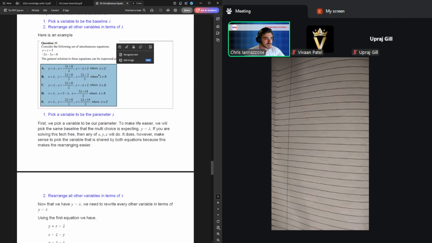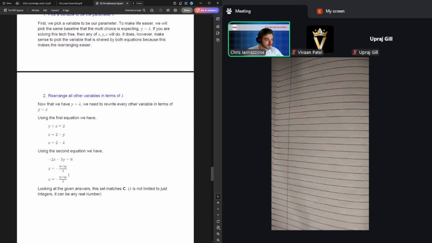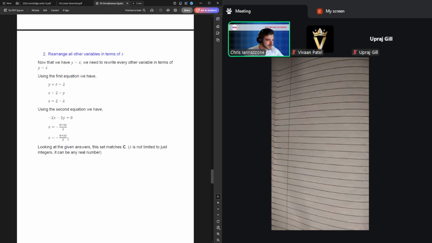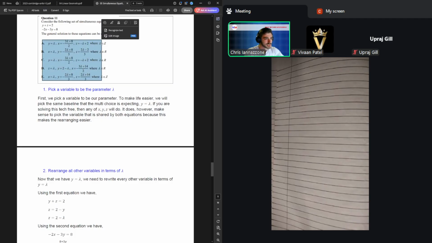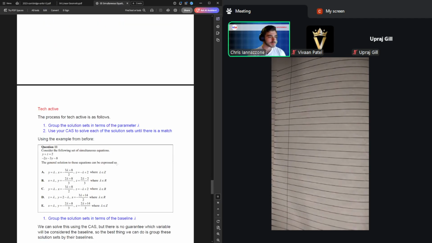So then you just look at your list, or if you're doing it with no multi, that's just your answer. There's no real way to error check this one anymore, or at least no easy way to error check it. But if you have a multi-list, just look at it and then be like, cool, that's the one, that's the match. Awesome.